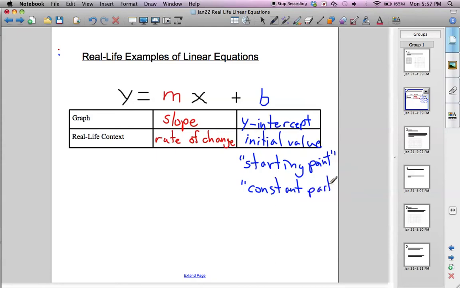It's not going to change. The rate of change, of course, is going to be the one that's changing in the situation. So let's take a look at some examples.